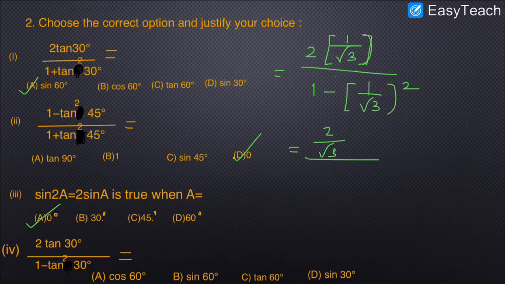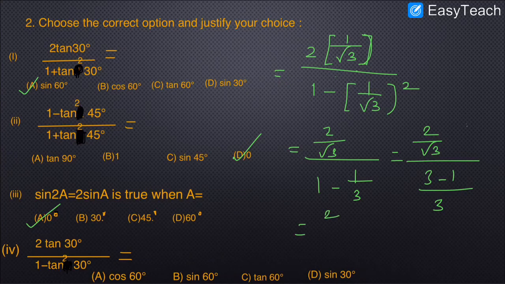So 2 by root 3 whole divided by 1 minus 1 by 3. In the next step, 2 by root 3 divided by 3 as common denominator, so 3 minus 1. So 2 by root 3 divided by 2 by 3.